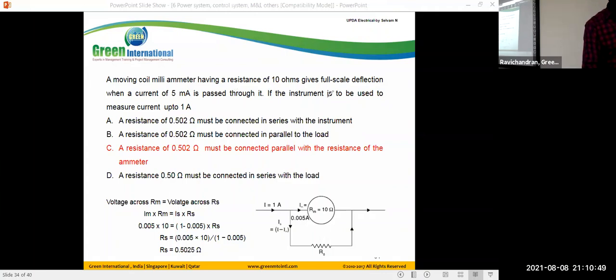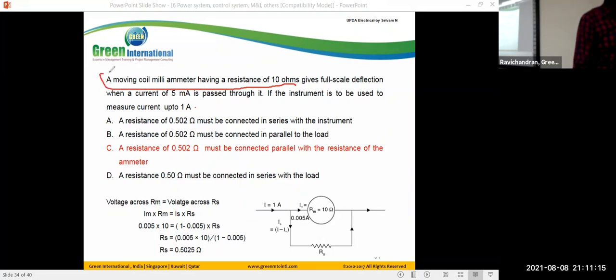If the instrument is to be used to measure the current up to 1 amp. That means we have a milliammeter, as in our lab. A moving coil milliammeter has a resistance of 10 ohms.